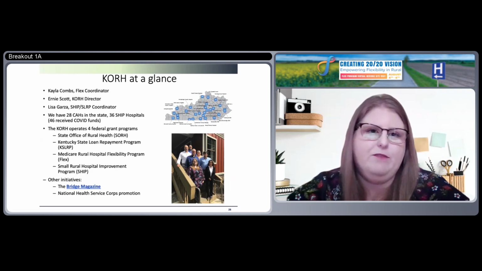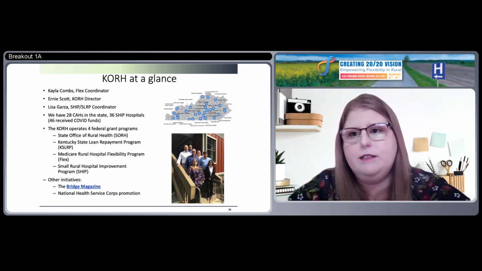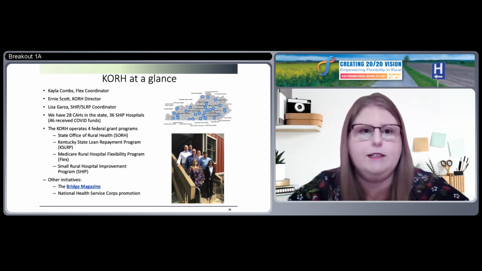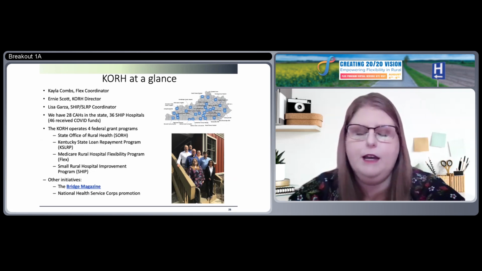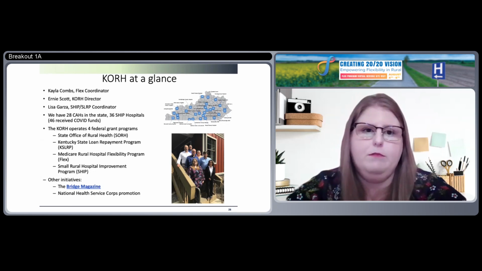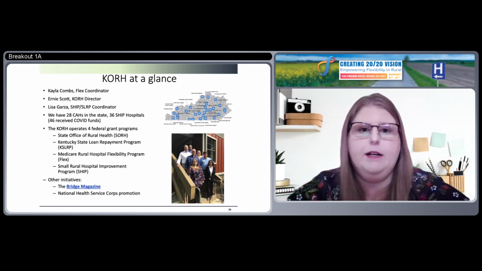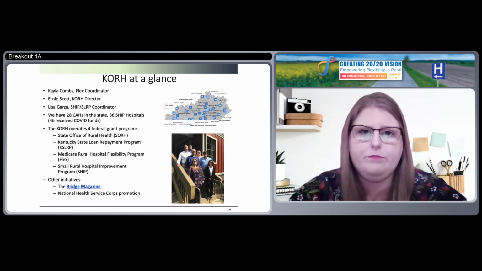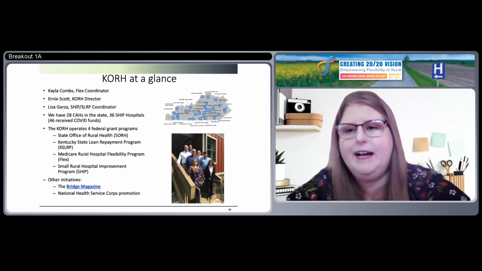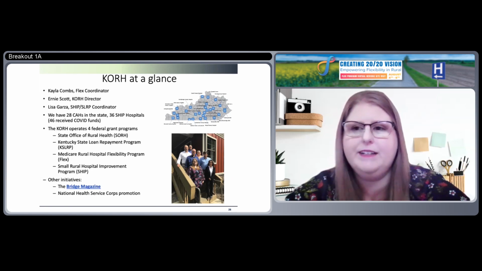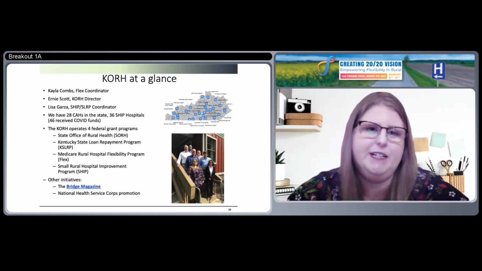So we have 28 critical access hospitals in our state. We have 36 SHIP hospitals, and much like Sarah, we were able to add some additional ones in when the COVID funding came available. So we bumped that up to 46, which was really great, and we got a lot of money passed through. Of course, with the university, it maybe didn't take as long as it did with some states, but it definitely wasn't a super quick process, but we got it done.